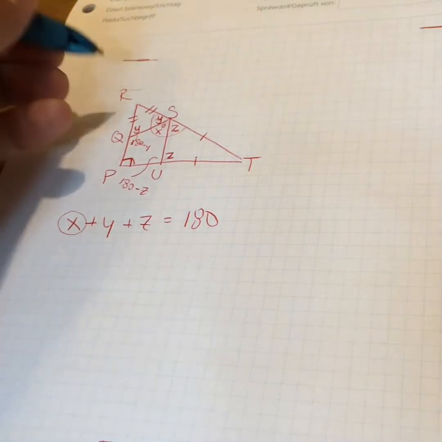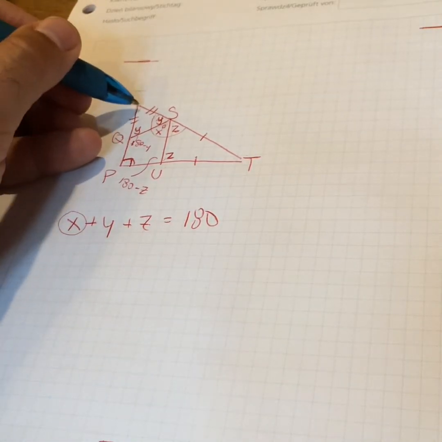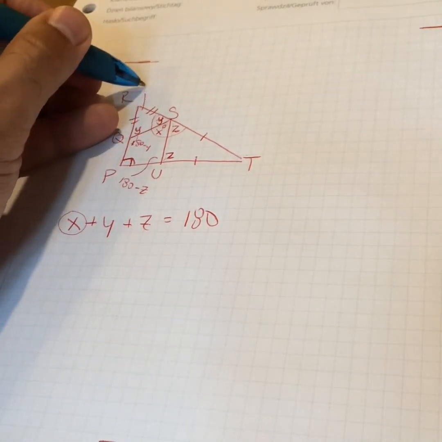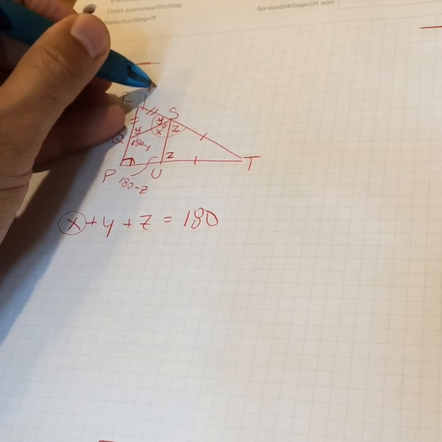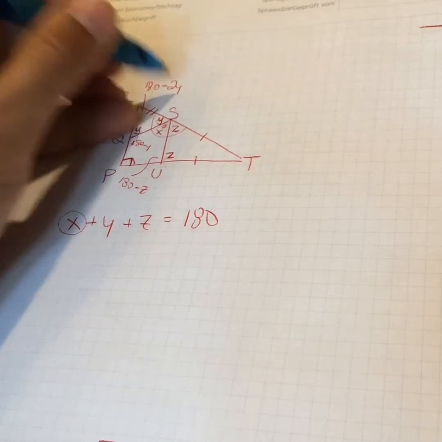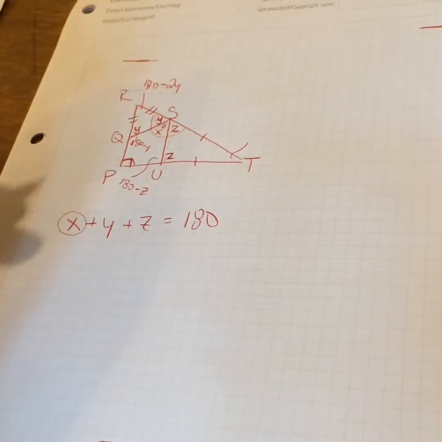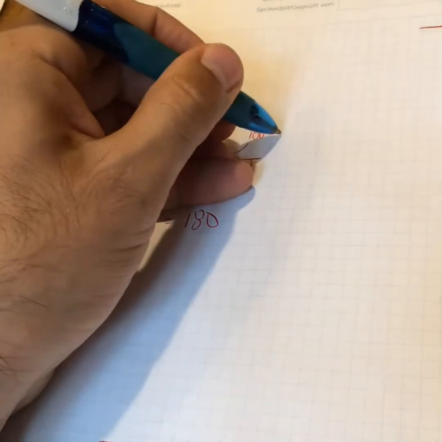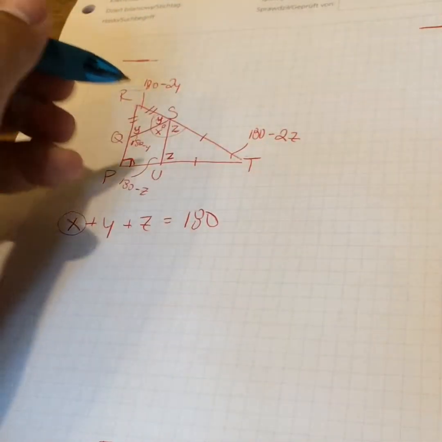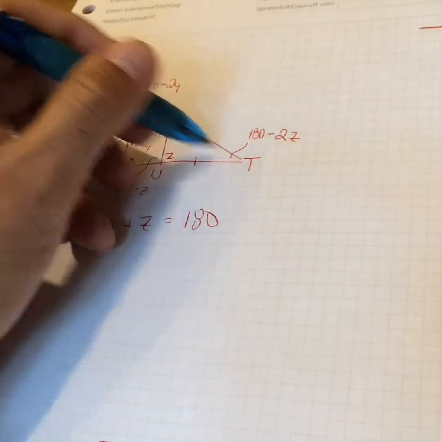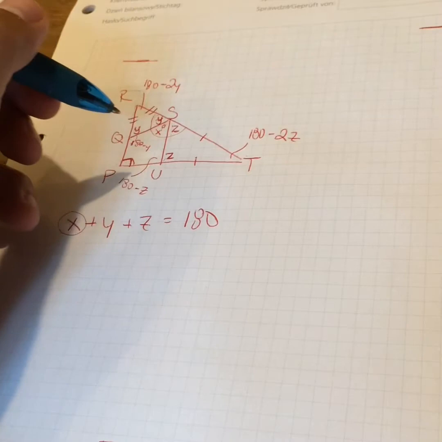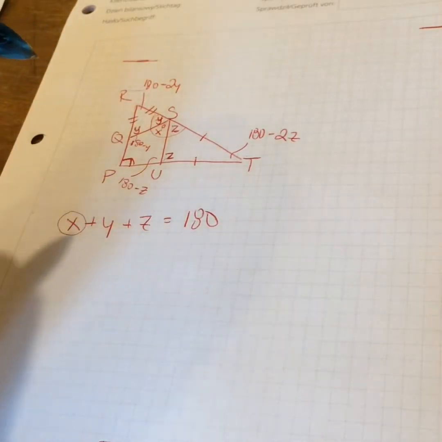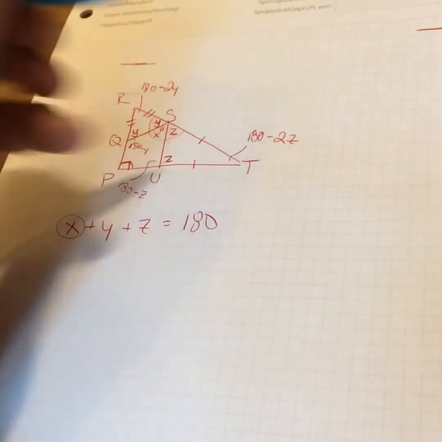Additionally, angle r is simply going to be 180 minus 2y, and angle t is 180 minus 2z. Why? Because every triangle, with 3 interior angles, must add up to 180 degrees.